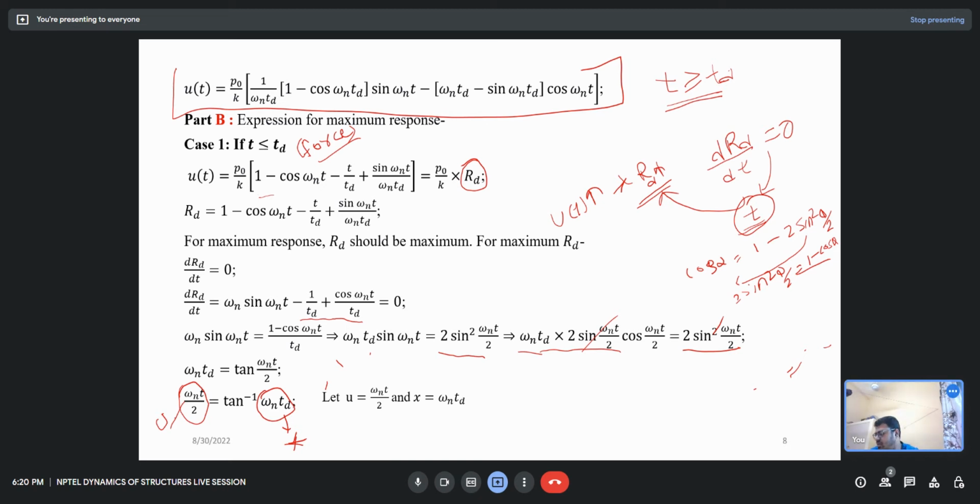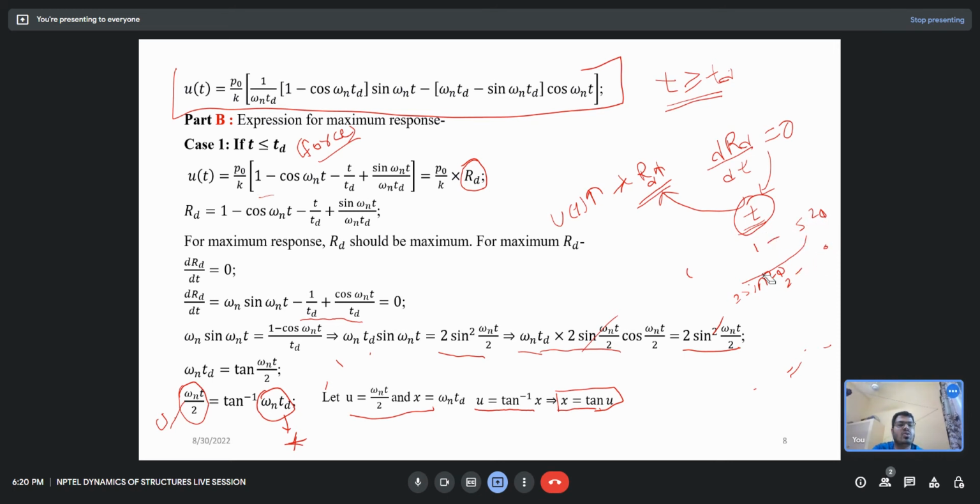So this is my term here, u and x. If I put that, the equation becomes u equal to tan inverse x, and x becomes tan u.